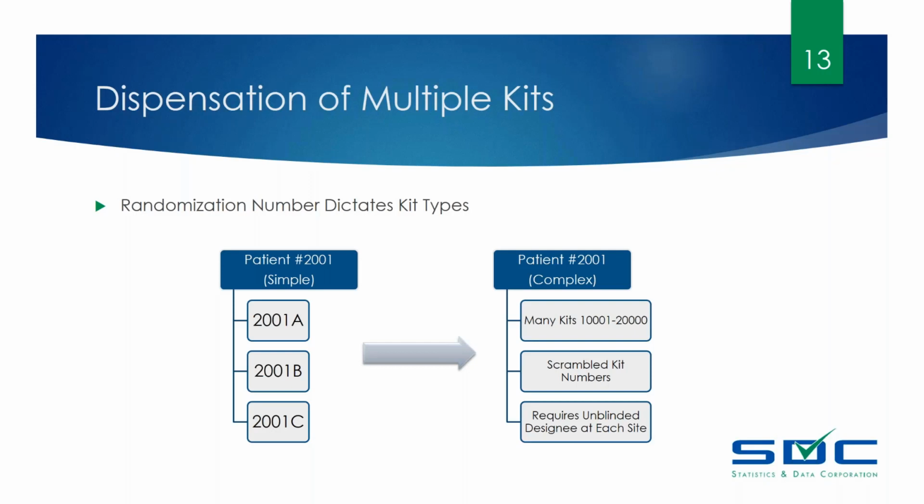For example, the kits could be labeled as displayed on this slide: 2001A, 2001B, and 2001C. And 2001A would be dispensed at the first dispensation visit, 2001B dispensed at the second dispensation visit, and 2001C dispensed at the third dispensation visit.